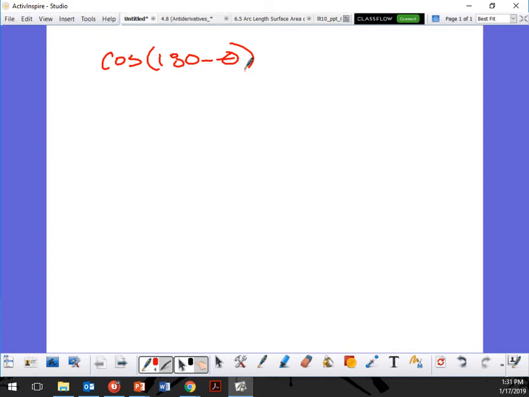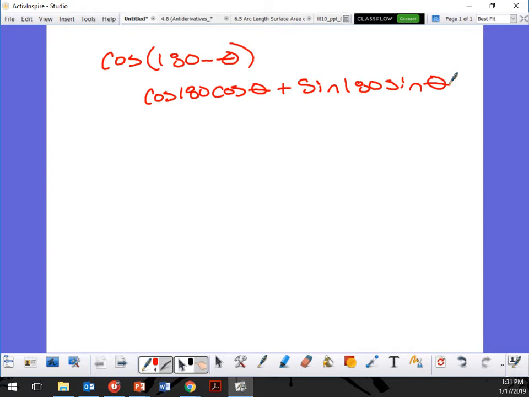So I'm going to use the difference formula here. So it's going to be the cosine of 180, cosine of theta, plus sine of 180, sine of theta. Now, from my unit circle, because I know everyone's got their unit circle in front of them right now.